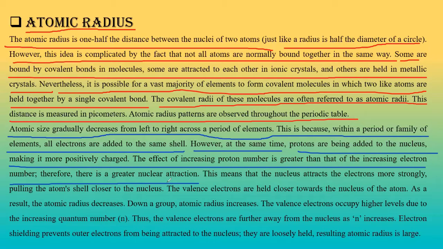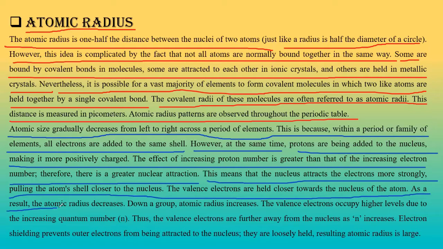So the combined effect of the protons is much more compared to that of the electrons. This means that the nucleus attracts the electrons more strongly, pulling the atom's shell closer to the nucleus. Valence electrons are held closer to the nucleus of the atom. As a result, the radius decreases.